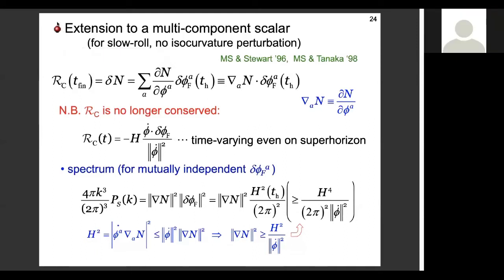Can I ask one question? Yeah, sure. In the previous single field case, you identify the time t as the same as the field, right? But in the multiple field case, how do you do this? No, you cannot do that.